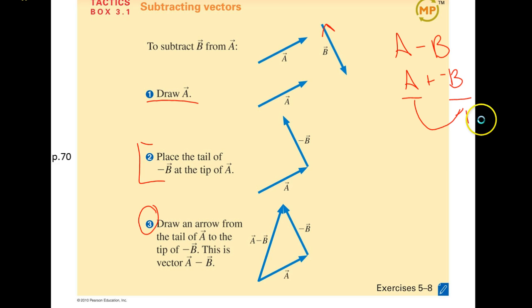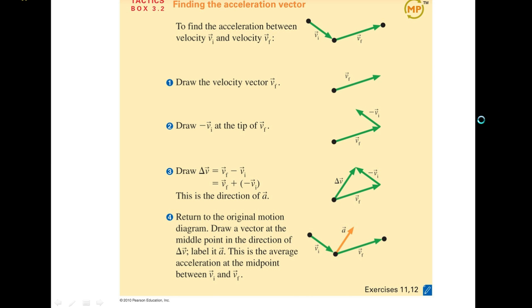We also talked about acceleration vectors last class. Again, your book has a really great tactics box that explains this. But we can also think of it as vector addition. And so I know that acceleration is change in velocity over change in time. And I know that time is a scalar, so I'm not going to worry about that. And I'm going to bring down this delta V down here.